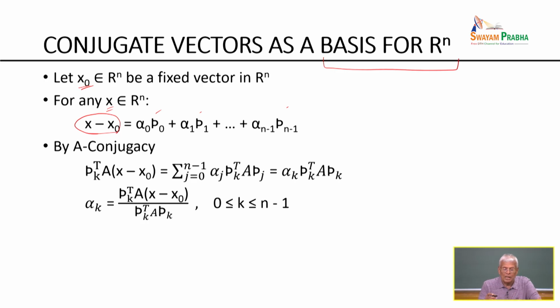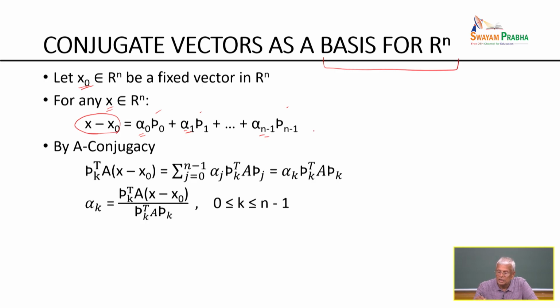That means there exist constants alpha naught, alpha 1, alpha n minus 1, such that alpha naught p0 plus alpha 1 p1 plus alpha n minus 1 p n minus 1 is equal to x minus x naught. Alpha naught, alpha 1, alpha n minus 1 are the coordinates of the same point with respect to the new basis p0, p1, pn minus 1.